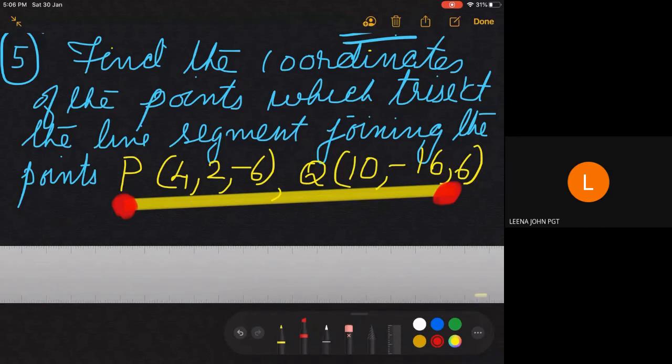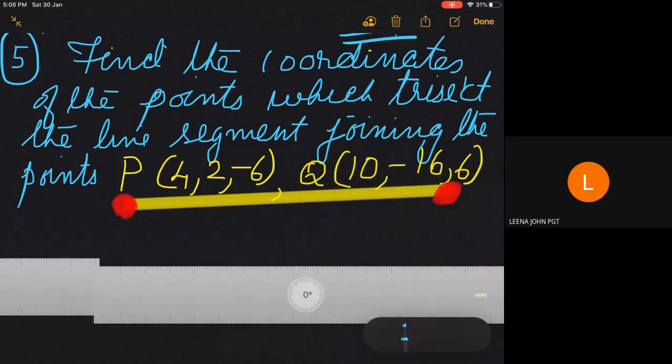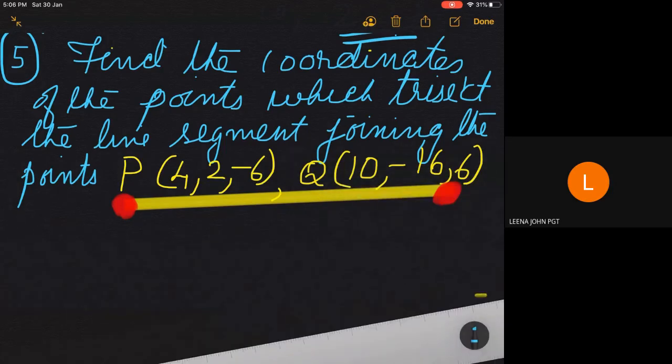What do you mean by trisect? Trisect, 2 points trisect means it divides it into 3 equal parts. Bisect means the point which divides the line segment into 2 equal parts. But here this question is about trisecting points.